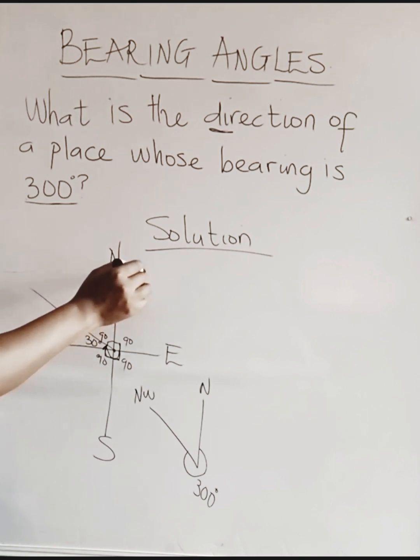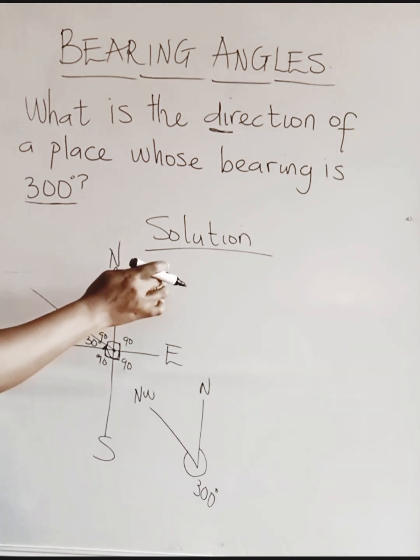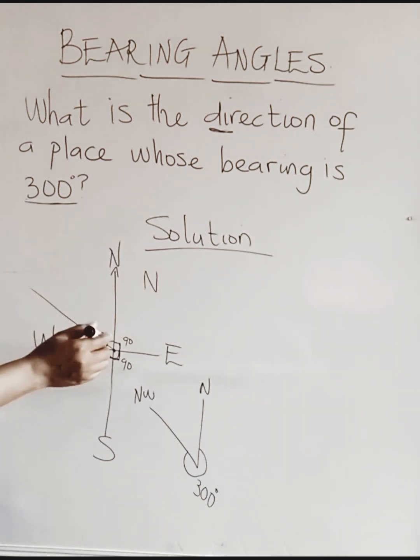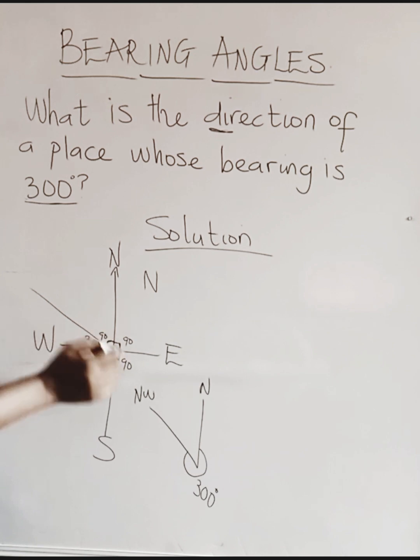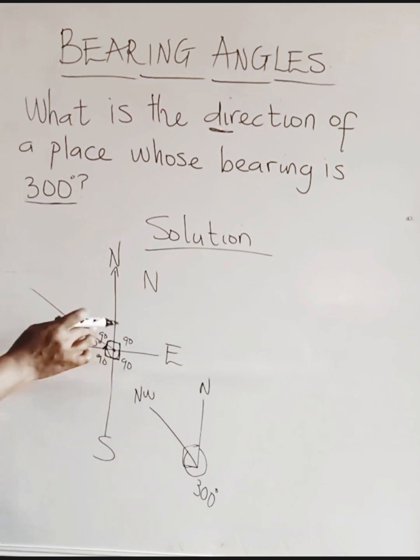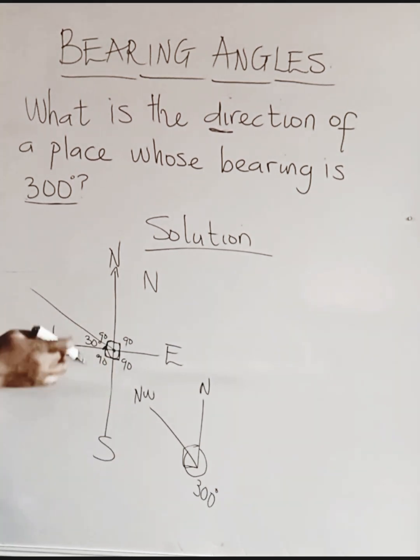Whatever value we have, we always start from north, then the angle, then west. Now the total angle here is 90. We can choose to solve it in two ways. At the end, you choose which you prefer.